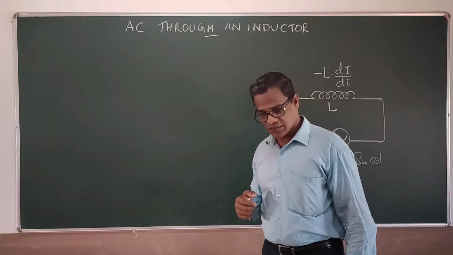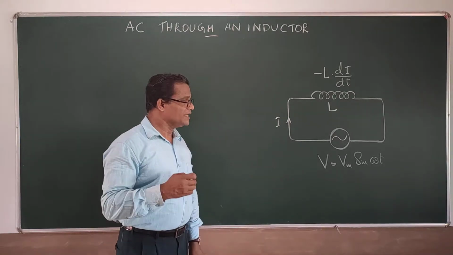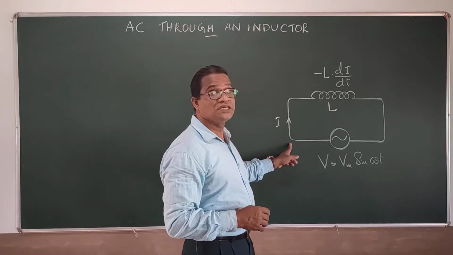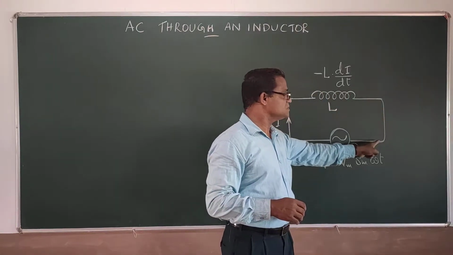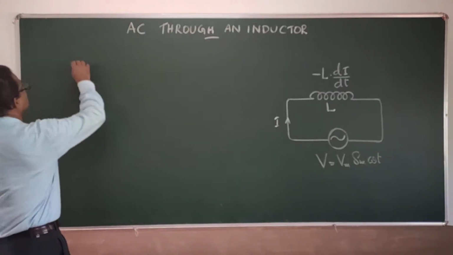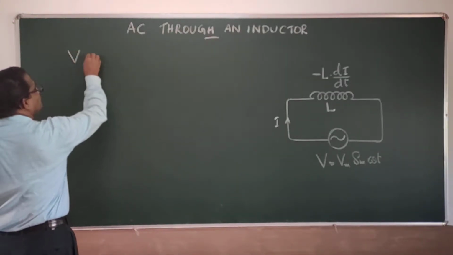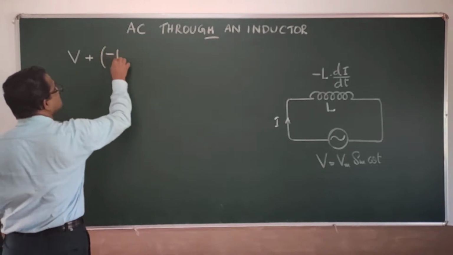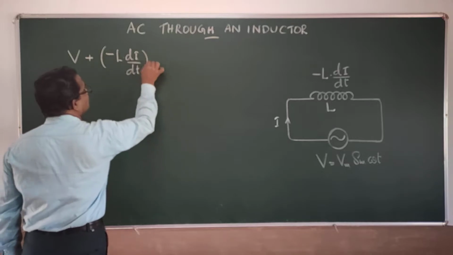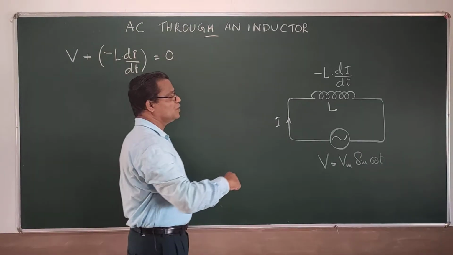To get the equation for instantaneous current, we can apply Kirchhoff's second rule for this loop. We get V minus L into di by dt equal to 0 for the whole loop.